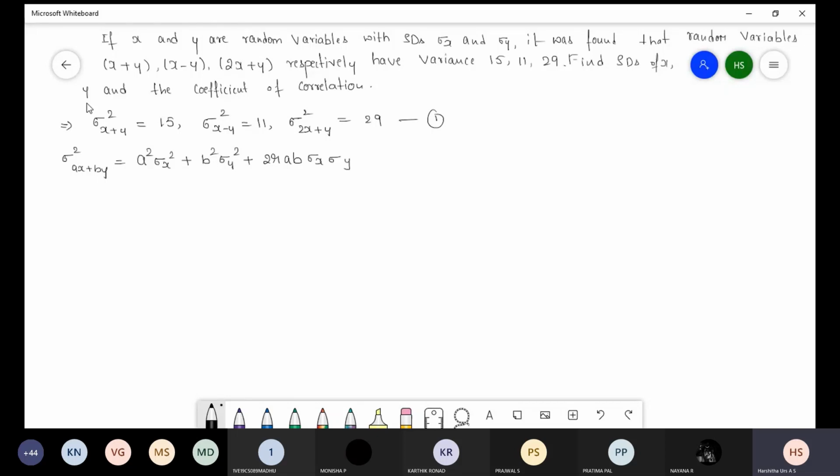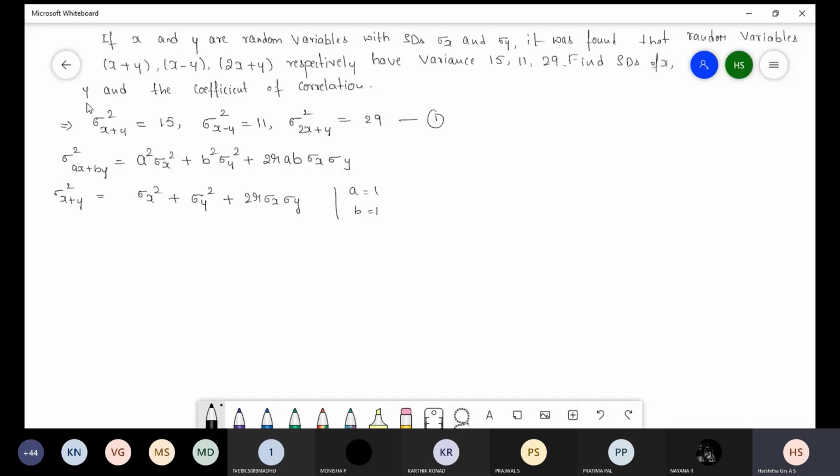For the first one, here we have sigma x plus y square. That means our a is 1 and b is 1. So here we get sigma x square plus sigma y square plus 2 into r into sigma x into sigma y.